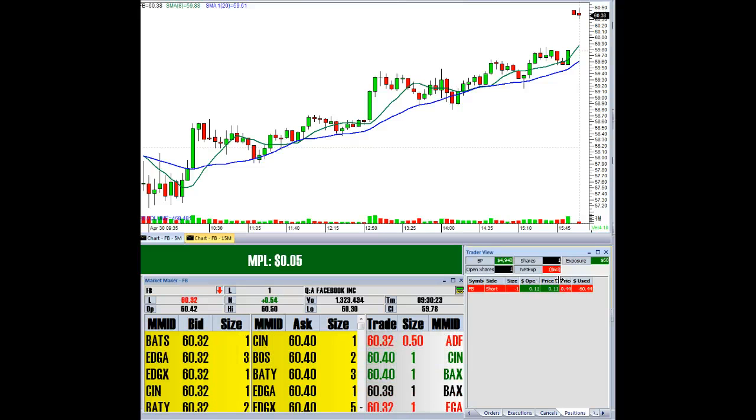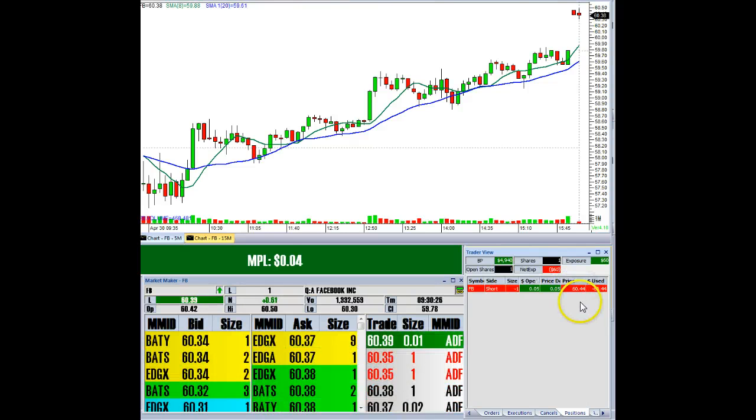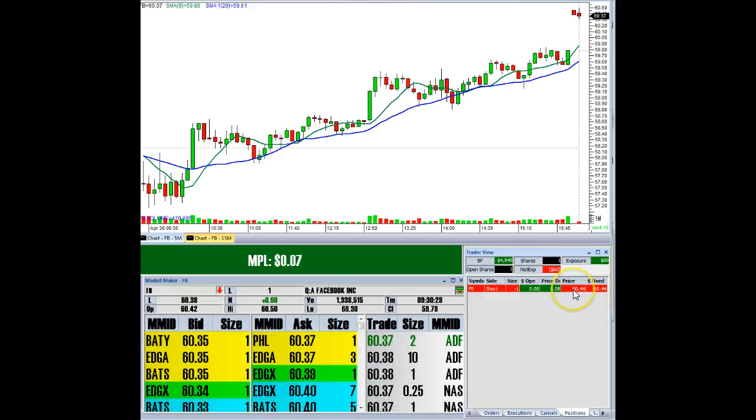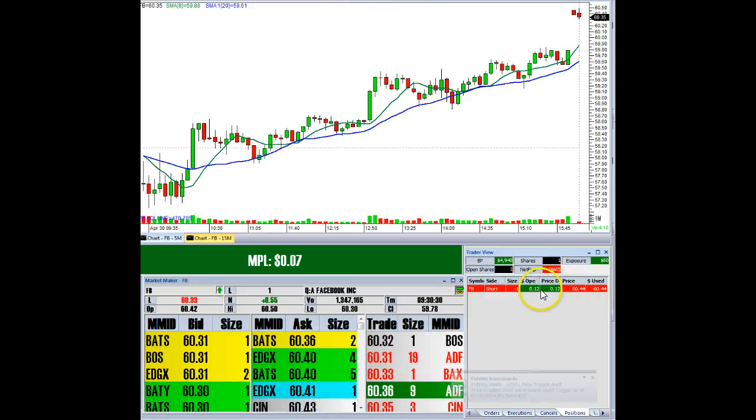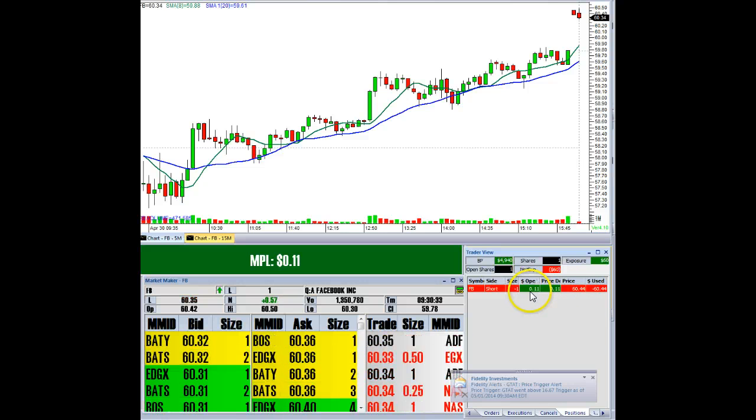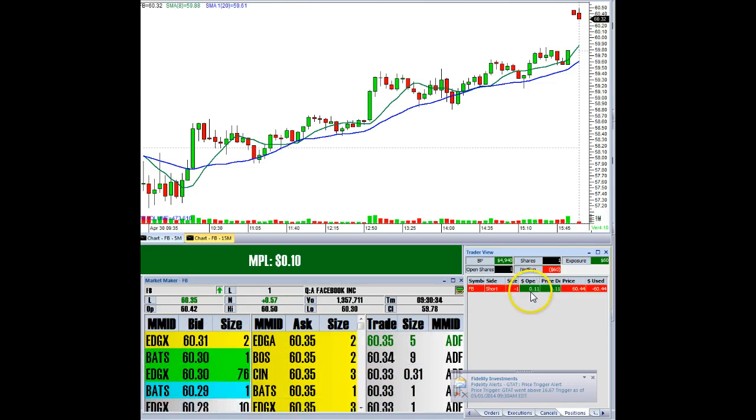And what I want to do. So I'm short one share at 60.44. And of course, right away, it is going my way.